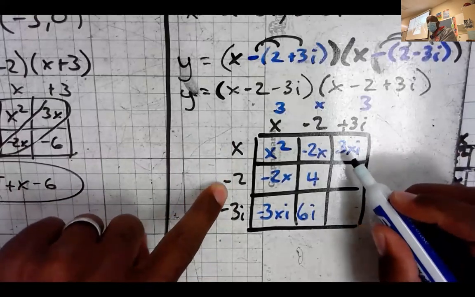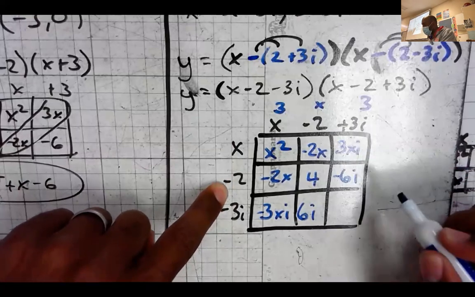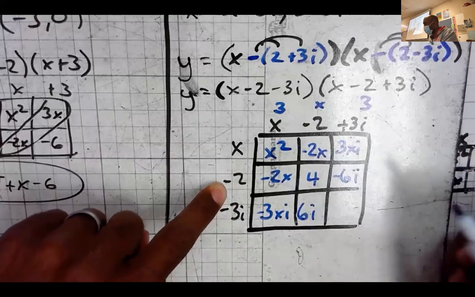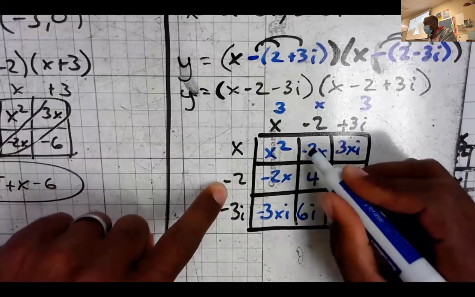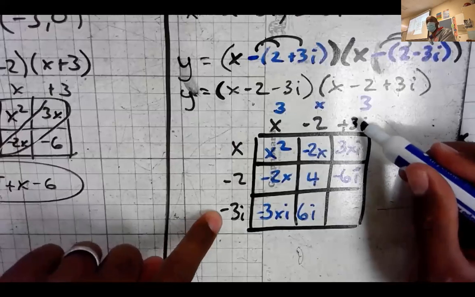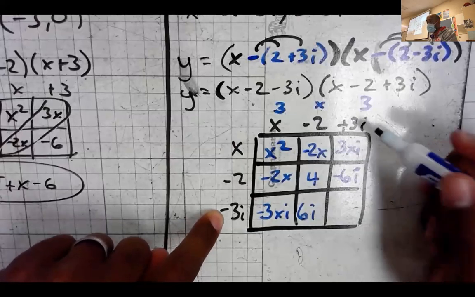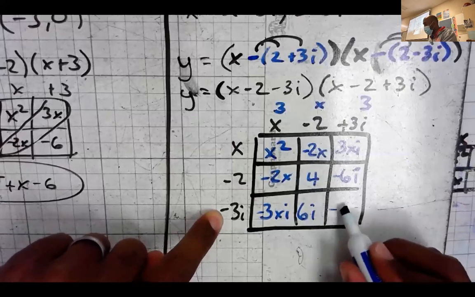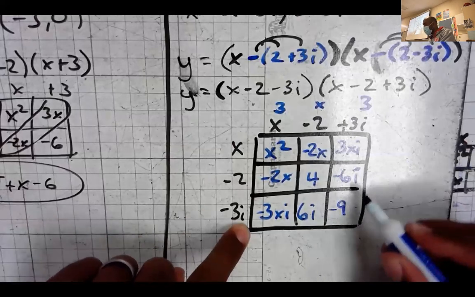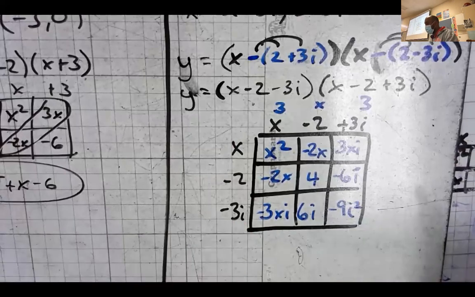And then negative 2 times 3i, negative 6i. And there is hope in the end, okay? This does work out nicely, okay? Promise. All right, and then the last one here, negative 3i times positive 3i, that'd be negative 9, but i times i is i squared.